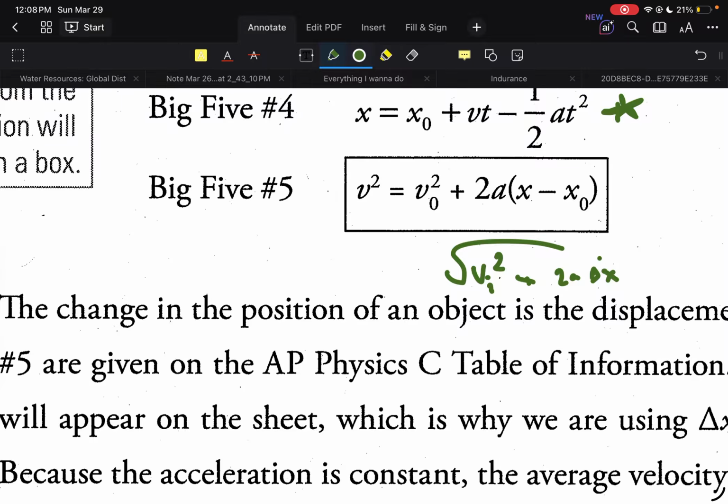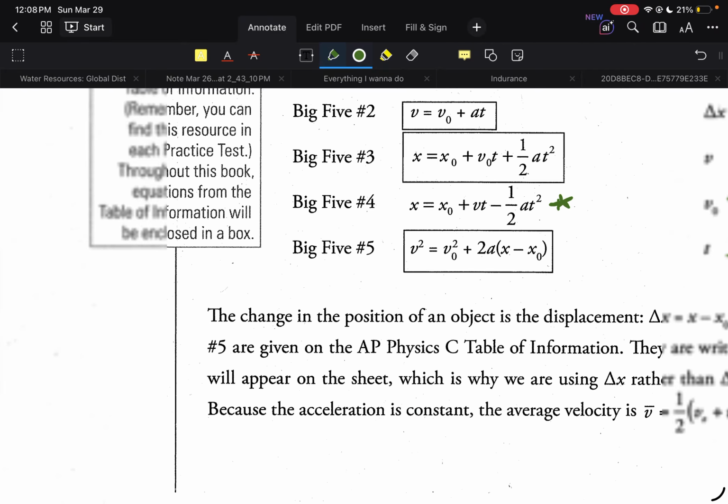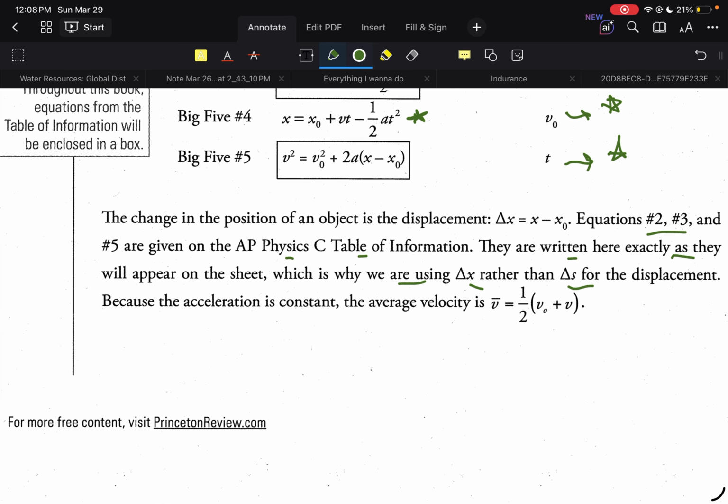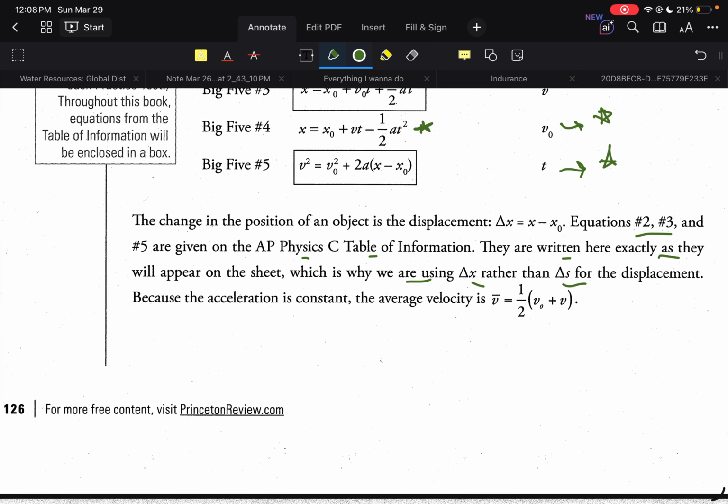That makes more sense to me. We use change of x rather than change of s for displacement.